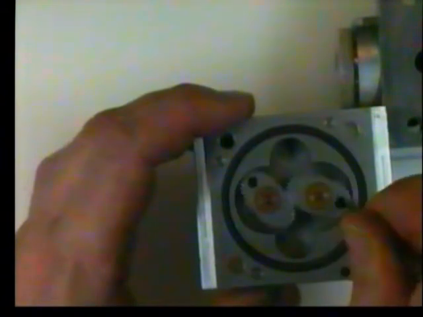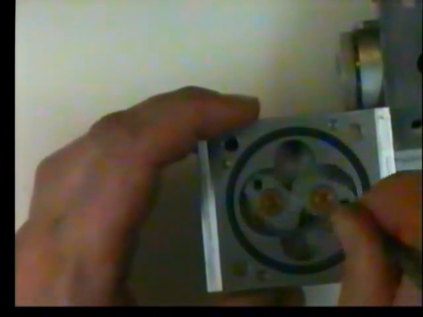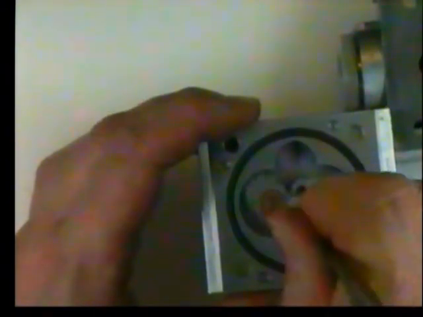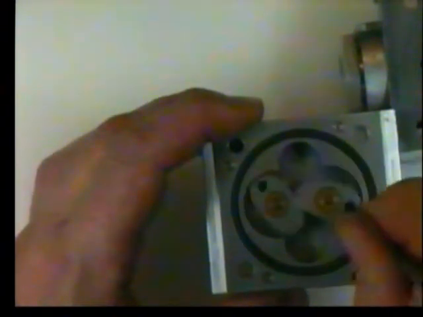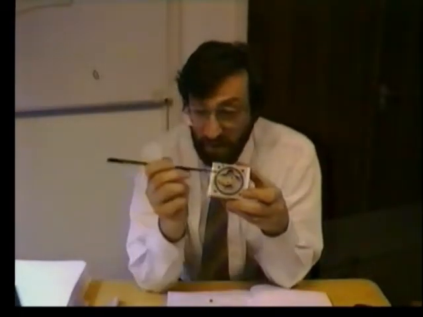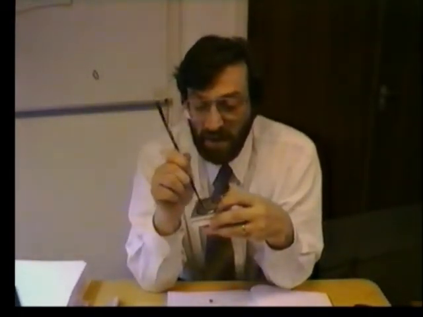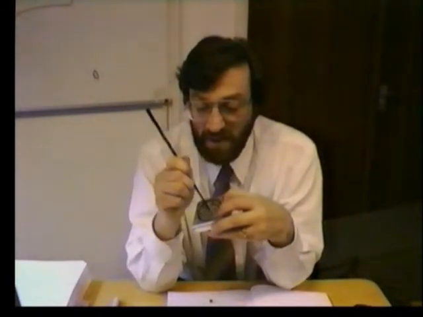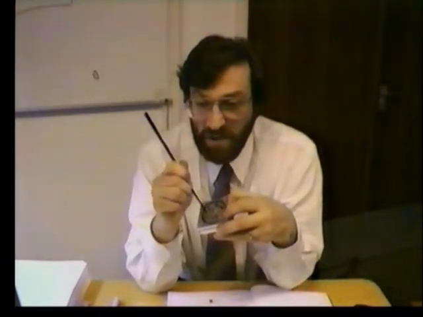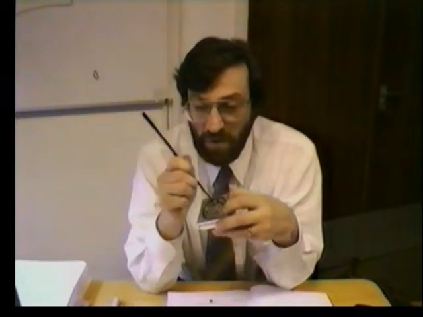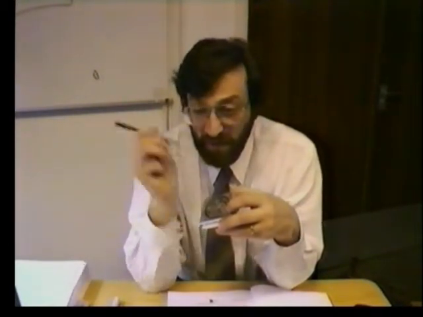Therefore, if we count the number of rotations, we know exactly how much fuel has passed through the pipe into our system. What have we done with this particular unit? Well, we have transduced flow rate into angular motion, a circle. Every rotation is a precise quantity of volume of fuel, absolutely constant.